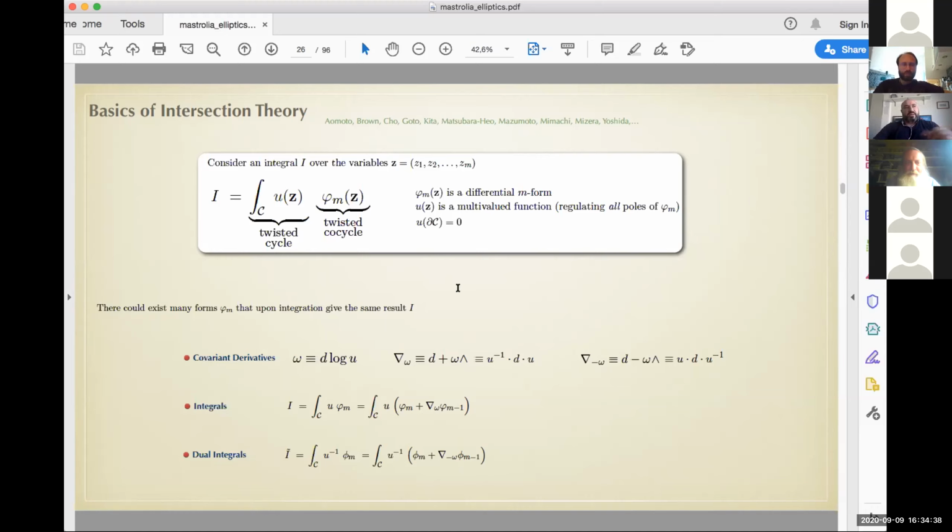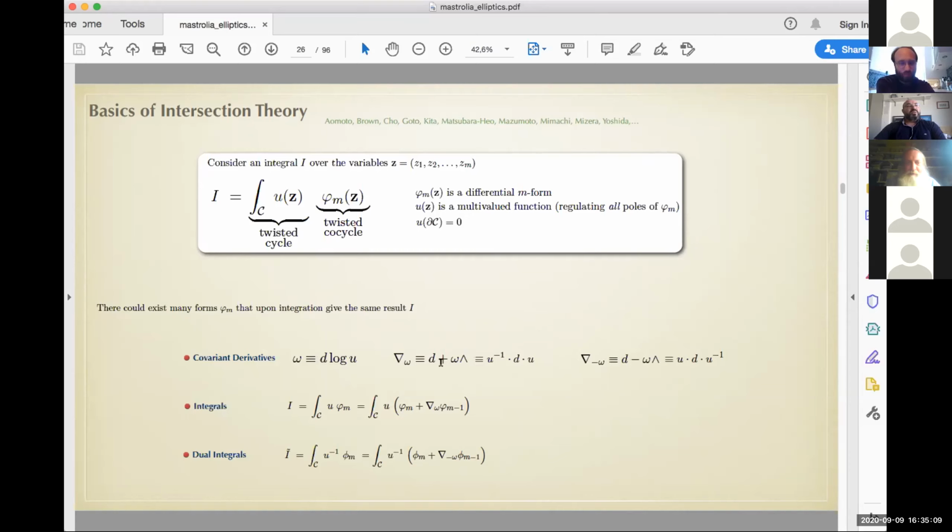And if we think of two integrals that can generate the same integral, it's interesting to consider the covariant derivative of the multivalued function here that I indicate with u, and form a connection, this nabla omega, which is a covariant derivative, or also the anti-derivative, which is performed with U inverse.